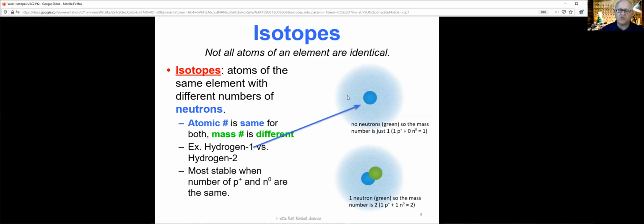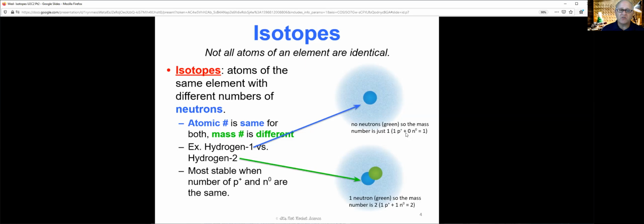And you might want to just draw this on your paper. Just make a little electron cloud and put the single proton in the center. Hydrogen 1 doesn't have any neutrons. So the mass number is just 1. It's 1 proton, 0 neutrons, or a mass number of 1.